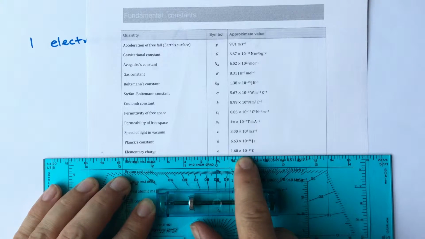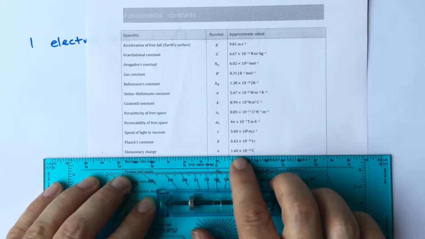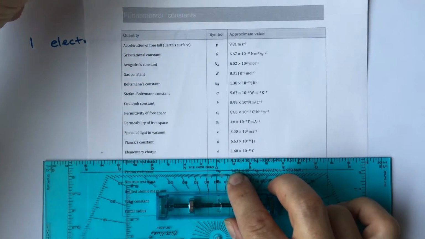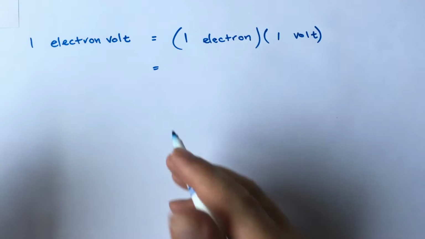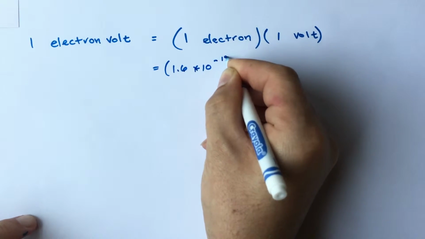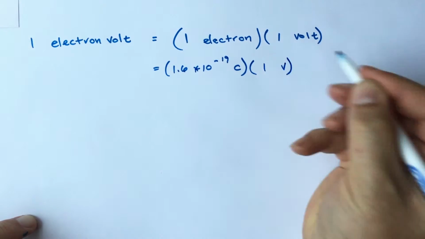E, it's 1.6 times 10 to the negative 19 coulombs. And for an electron, it's a negative 1.6 times 10 to the negative 19 coulombs. For a proton, it's a positive. But, all right, so we know what the charge of an electron is. It is 1.6 times 10 to the negative 19 coulombs times 1 volt.